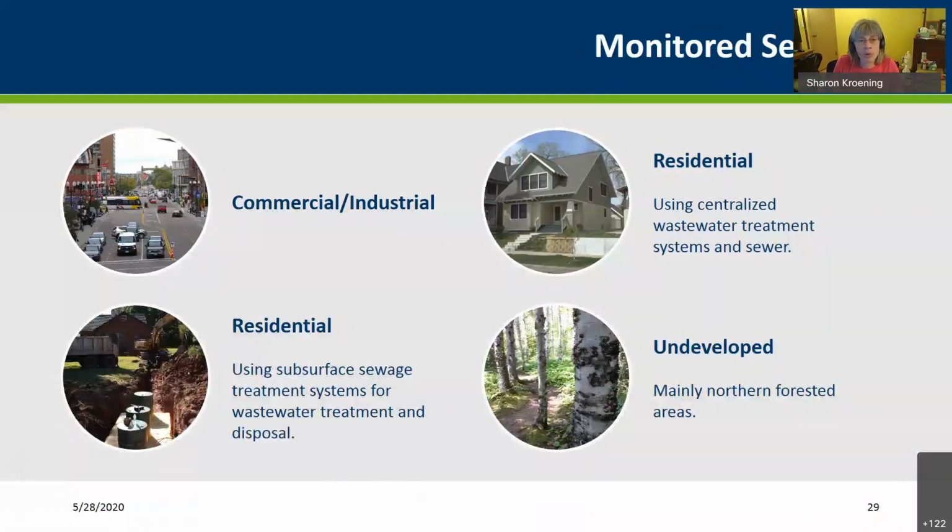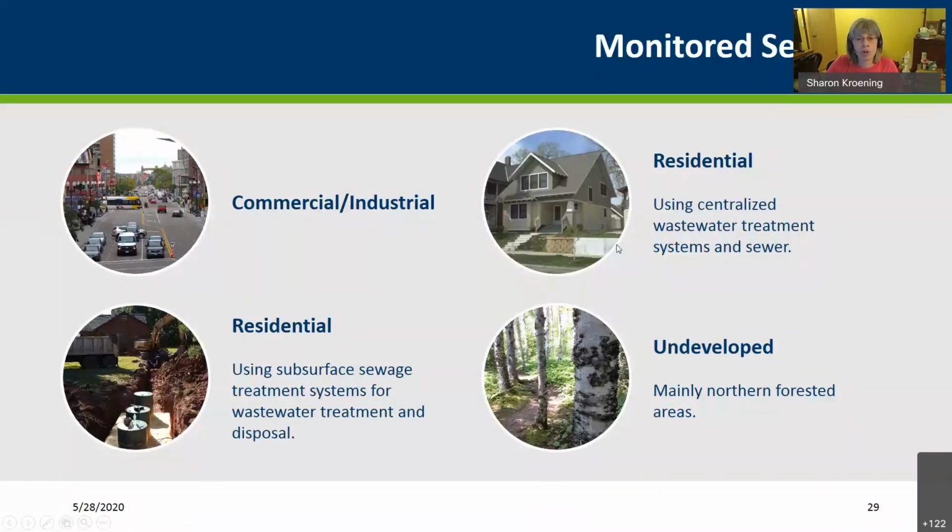And also in our network, as I said before, we deliberately structured it to monitor different urban land use settings. And we specifically placed our wells in 3 types of urban settings: commercial industrial areas. And when we selected or installed wells for our monitoring network, we deliberately didn't place them next to known point sources of contamination like a Superfund site or a gas station or a dry cleaners.